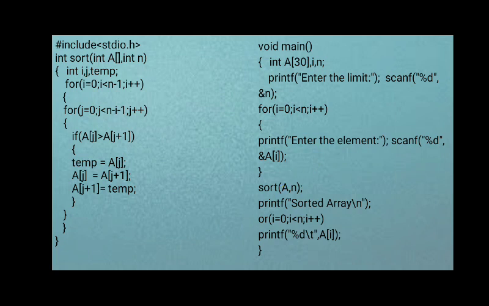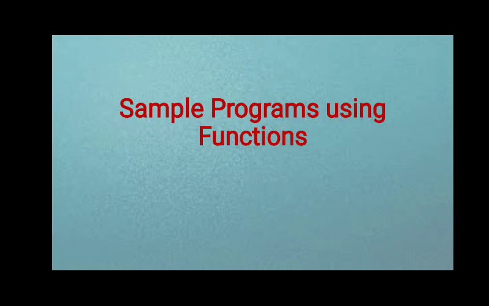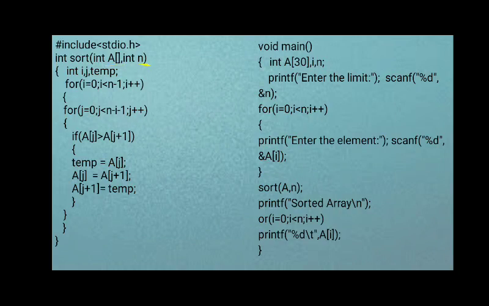Here we are passing the address of an array, because the name of the array is actually the address of that array. So this is the process of calling the function, and this is the process of declaring the function when we need to pass an array as a parameter.